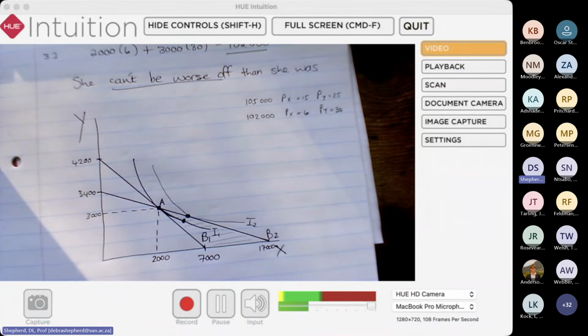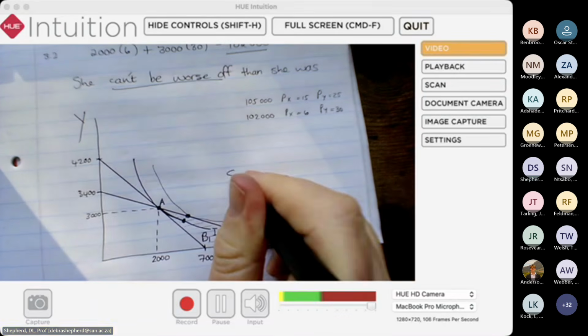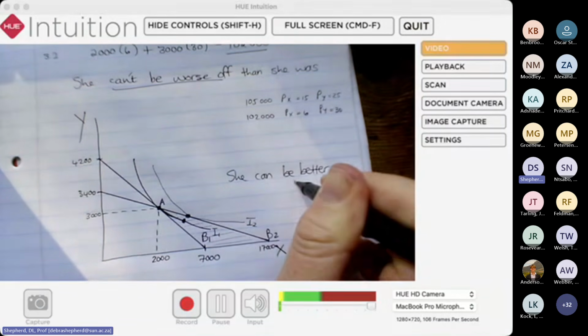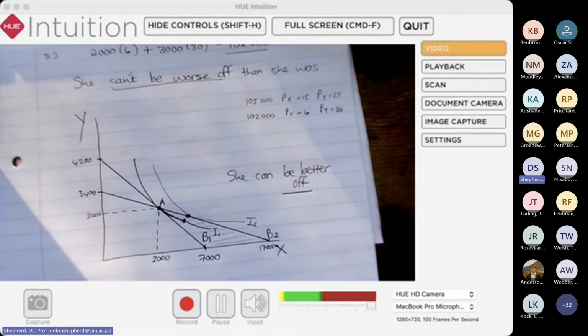So this visual proves to us that she can be better off. Okay. So by drawing the picture, we can then see that Jordan will be better off in 2026 than she was in 2025 because she can reach this higher indifference curve.